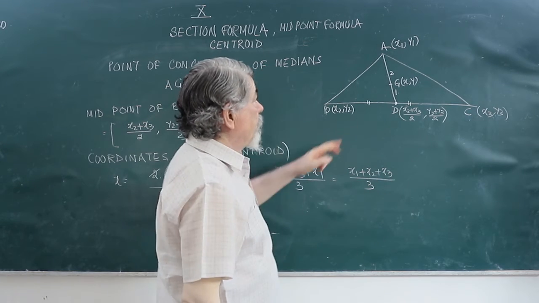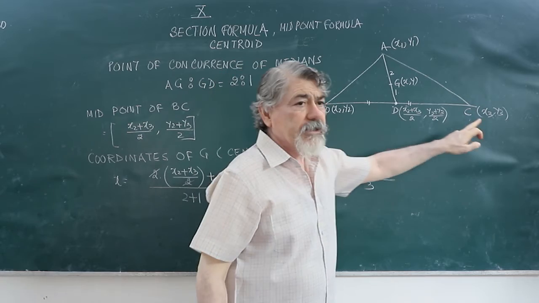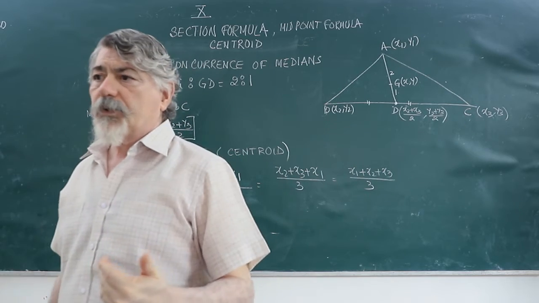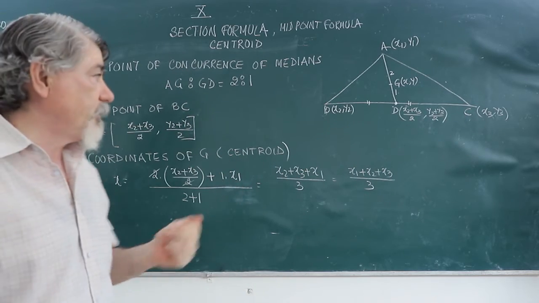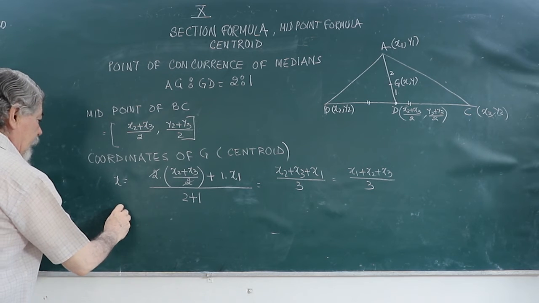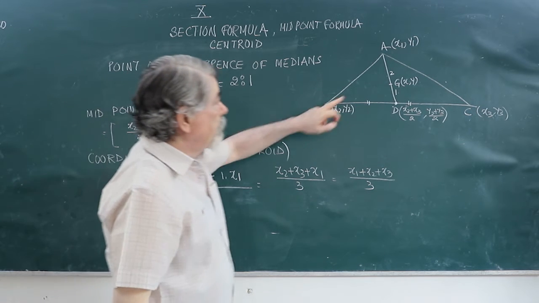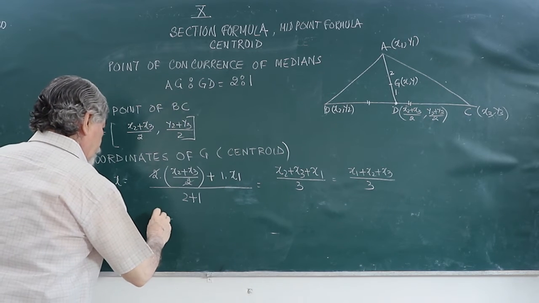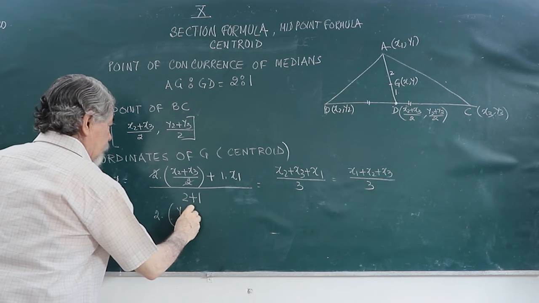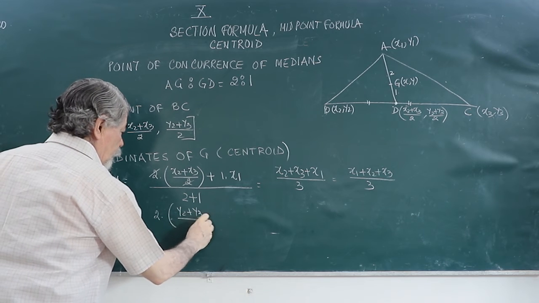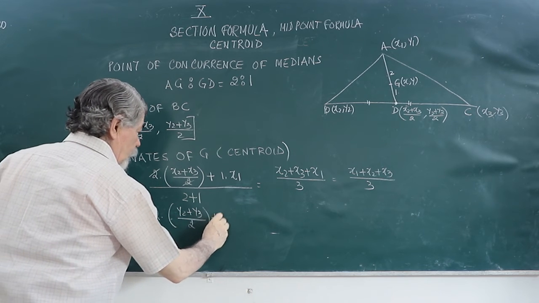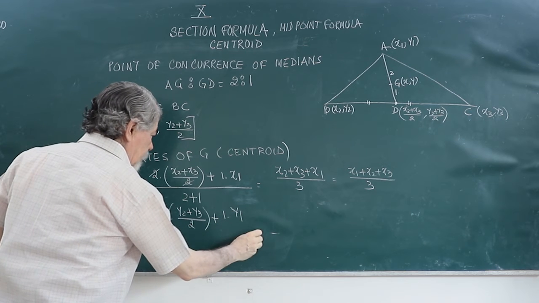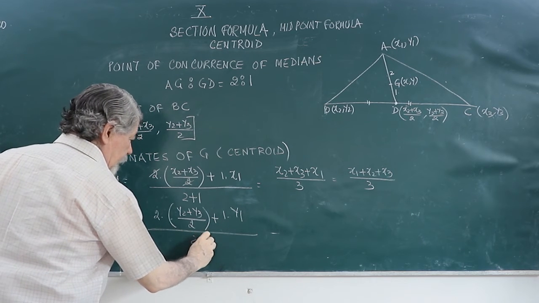That means you add up the x coordinates of the vertices of the triangle and divide by 3, and you will get the x coordinate of the centroid of the triangle. Now if I want to calculate the y coordinate, this 2 will multiply with this: 2 into y2 plus y3 upon 2, plus 1 into y1, upon 2 plus 1.